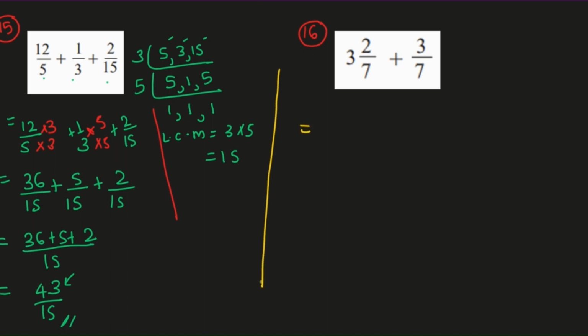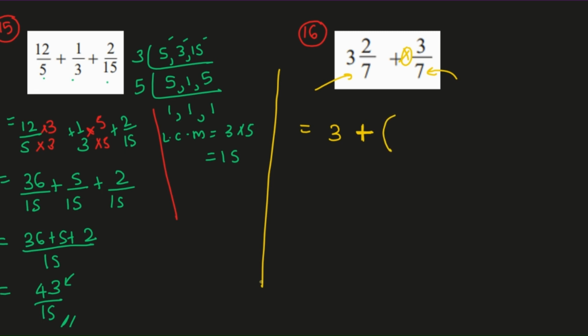Okay, you can see this question consists of a mixed number plus a proper fraction. So what can you do? Since you can't see any whole numbers here, you can just simply put 3 as it is. And what's the joining sign? It's plus. Whole number and fraction calculations joining part can be done through plus.